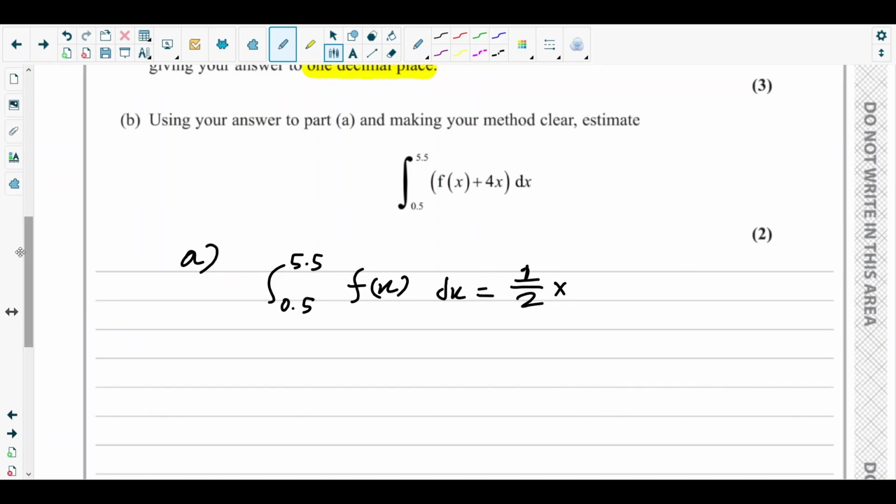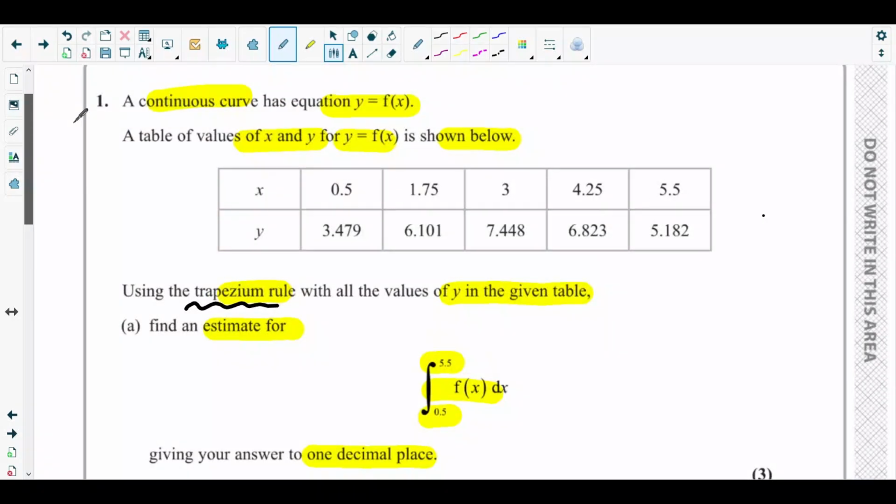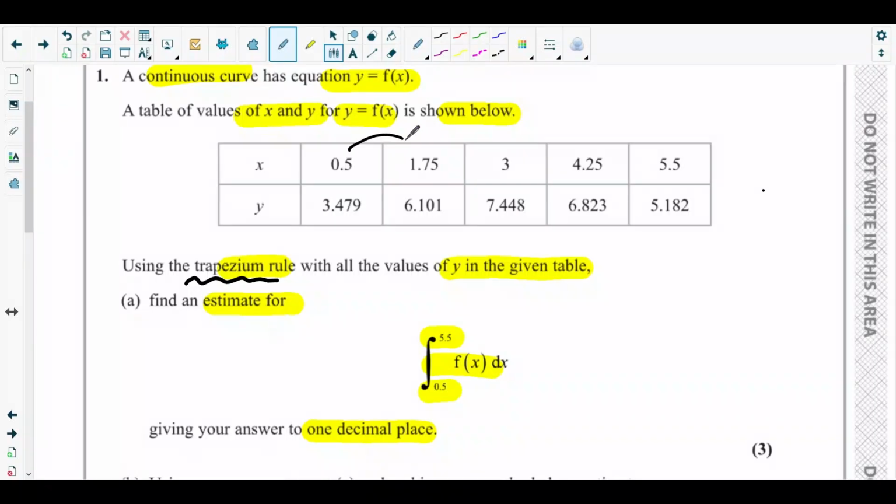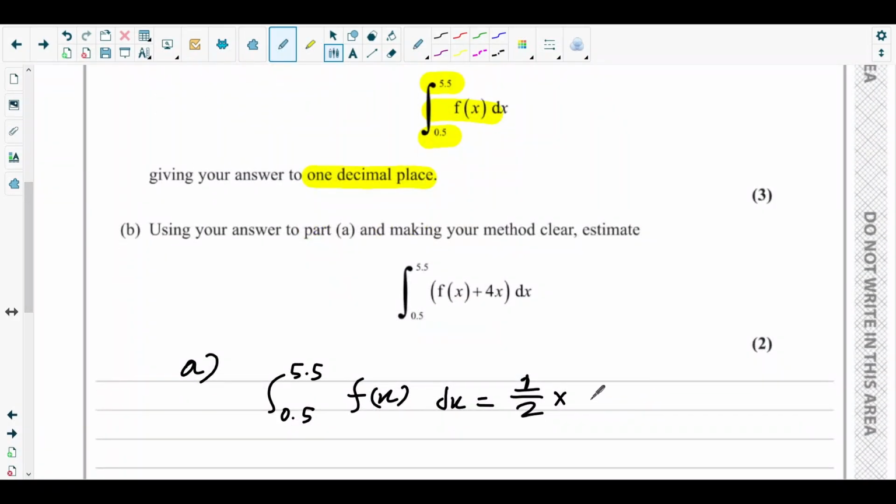What's the difference of the x values? From 0.5 to 1.75 gives 1.25, and then the next difference is also 1.25. So the value for h is 1.25.